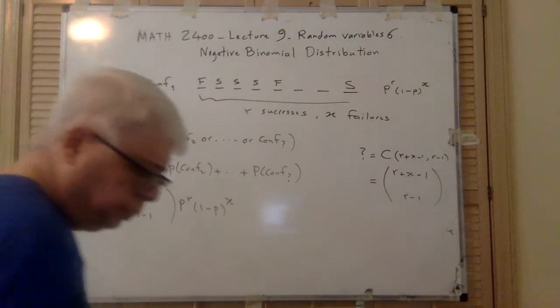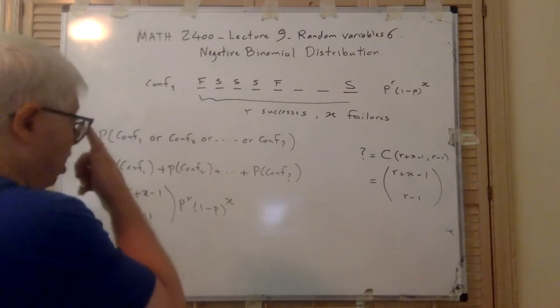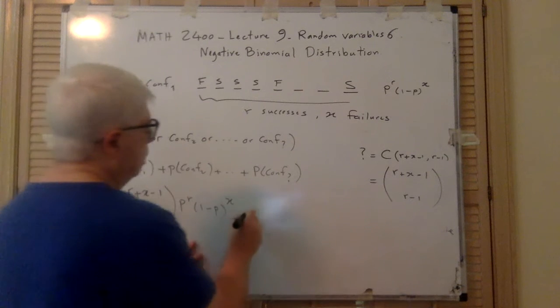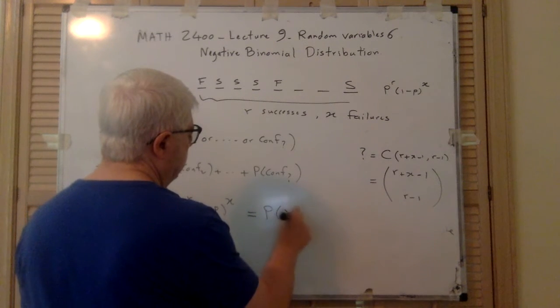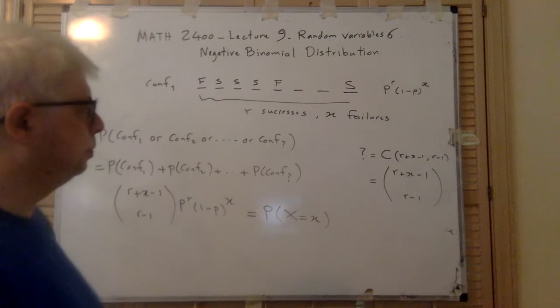Okay, so that is the probability that X is in fact small x. X was number of failures, is small x.